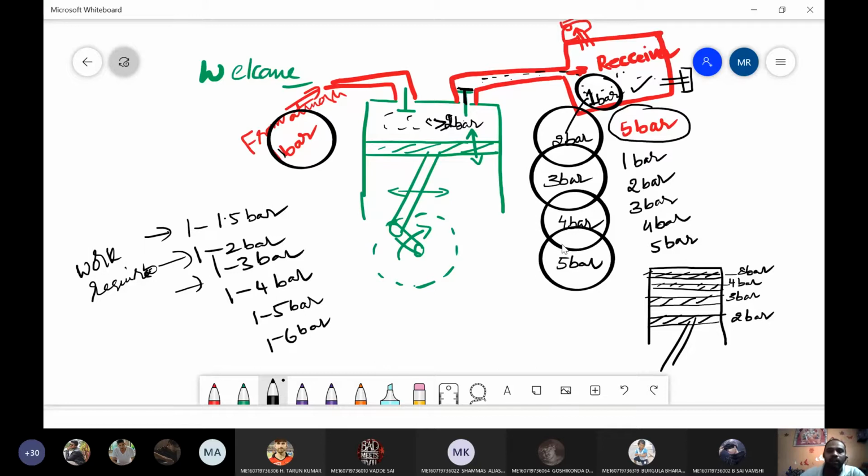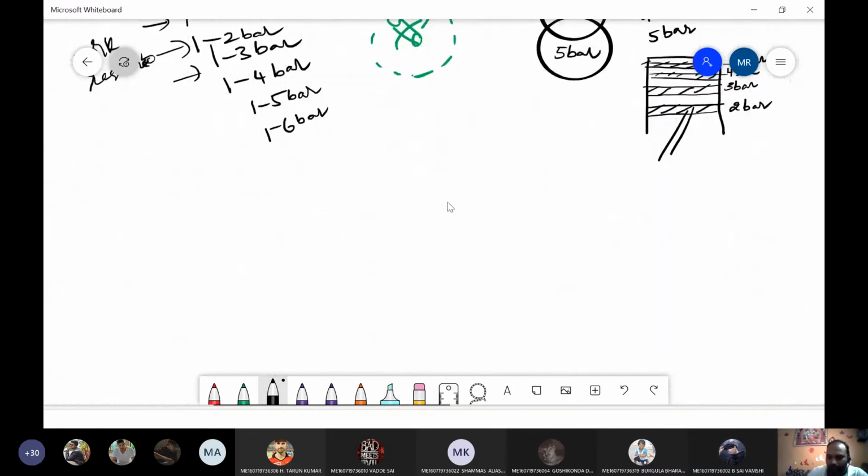Got the point? I will draw it with the help of a diagram so that it will be clear. What I am explaining now are the drawbacks of the single stage. PV diagram.